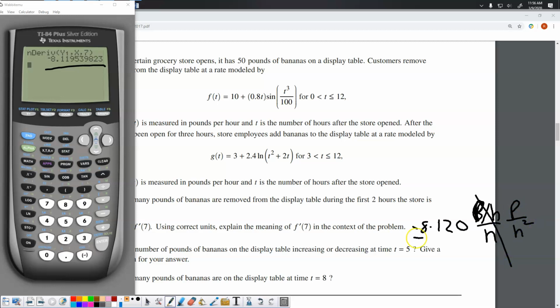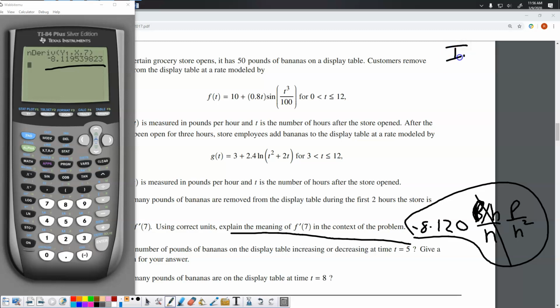So, now they want us to interpret what that means in the context of the problem. Remember with interpretations, we need 3 things. We've gone over this a lot. We need input units. We need output units. And we need the context.